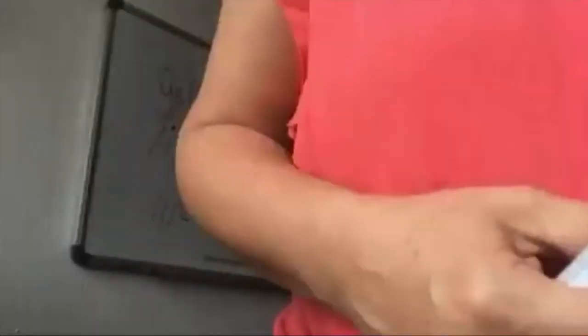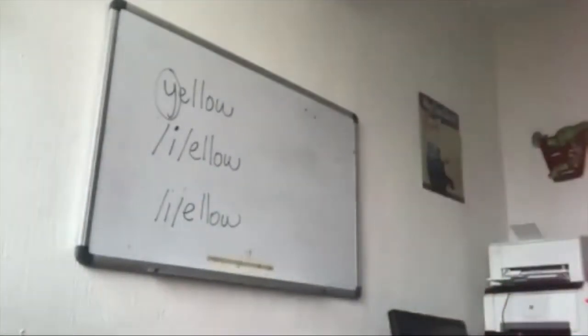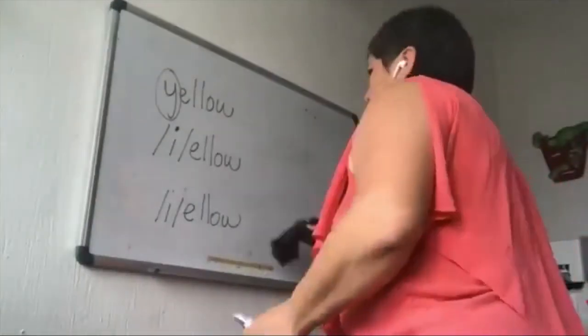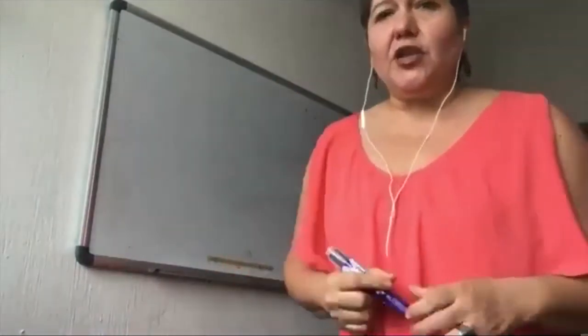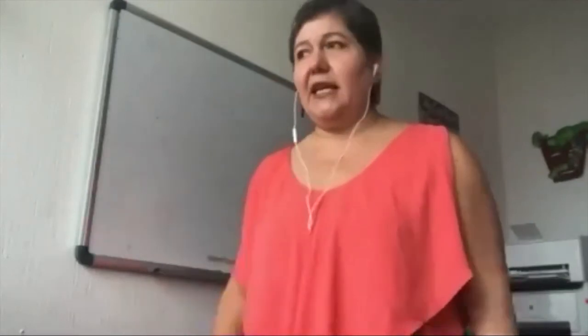I'm going to erase with this because I can't find my eraser. Okay. So, say a student said a "ting" instead of a "thing," then you're going to say, remember, the teeth, and you show them the tongue between your teeth.